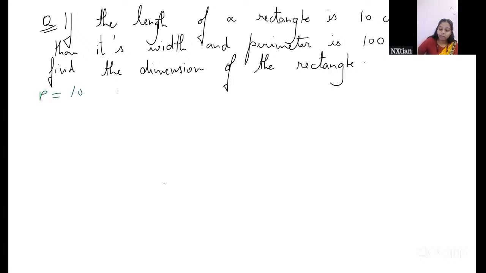Now the perimeter is given, 100 cm. Width or breadth, let's take that as W. Then length will be 10 more than the width, so W plus 10. Or X, you can take X also.